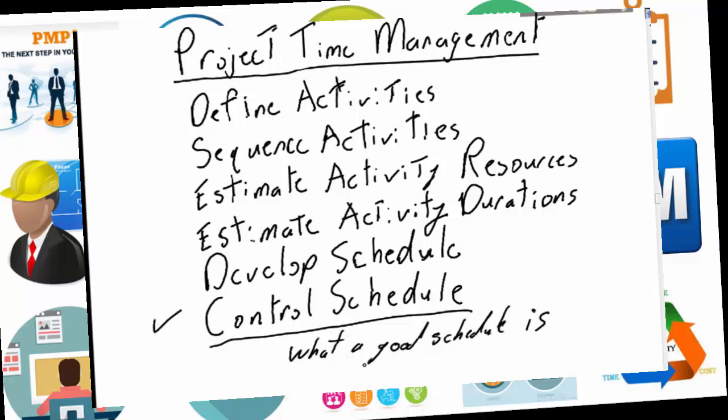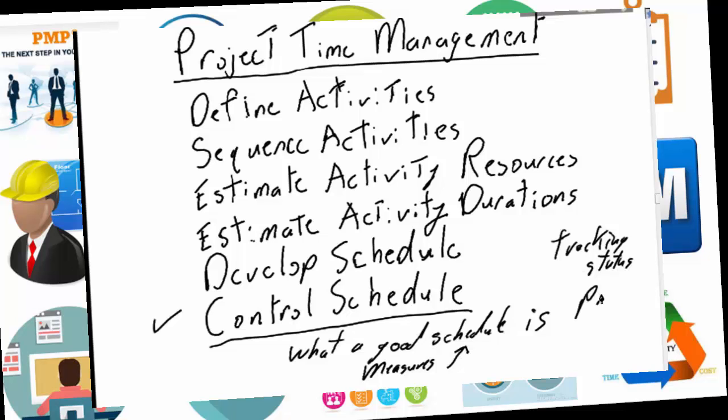It's all about understanding the measures we as project managers need to put in place to ensure we have a good schedule in place. It's about tracking the status, understanding what time the team members have spent on the project to date, and understanding what their estimates to complete the work are going to be.